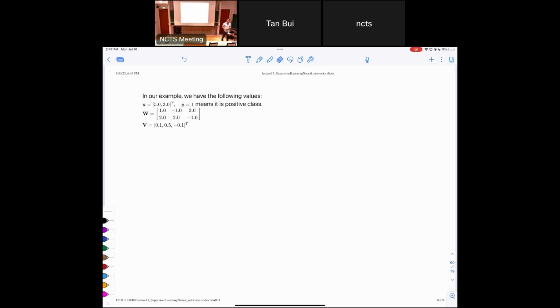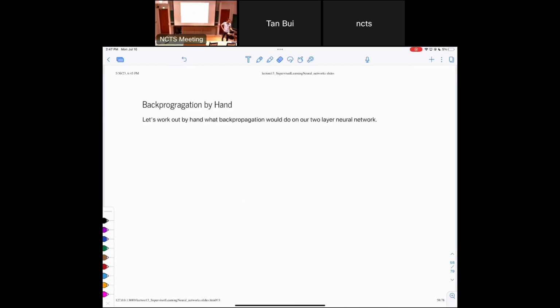Why is that? You need to understand that, because otherwise it does not make sense for us to move forward. Of course, the input we know, and the output, the measurement, we know. And what I also assume is that W and V are known without loss of generality. Why is that?